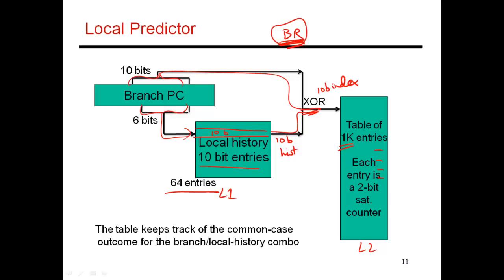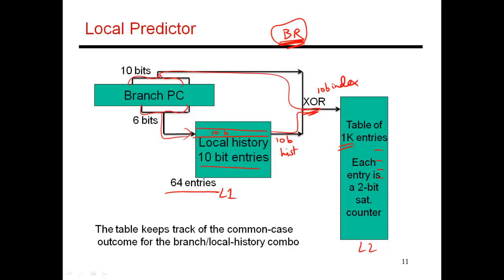So this is how we are using information about the recent past, not just looking at the common case, but actually looking at the recent pattern. Was it 11101, and correspondingly I keep track of the common case for that given pattern. A local predictor just focuses on what one given branch has done, which will work really well for loops.